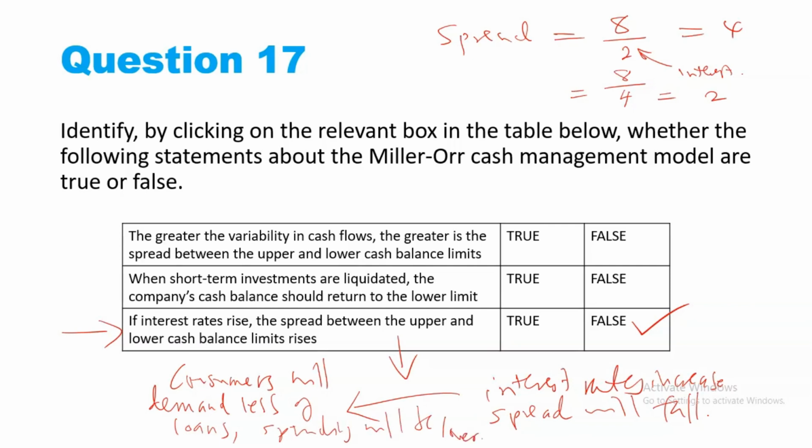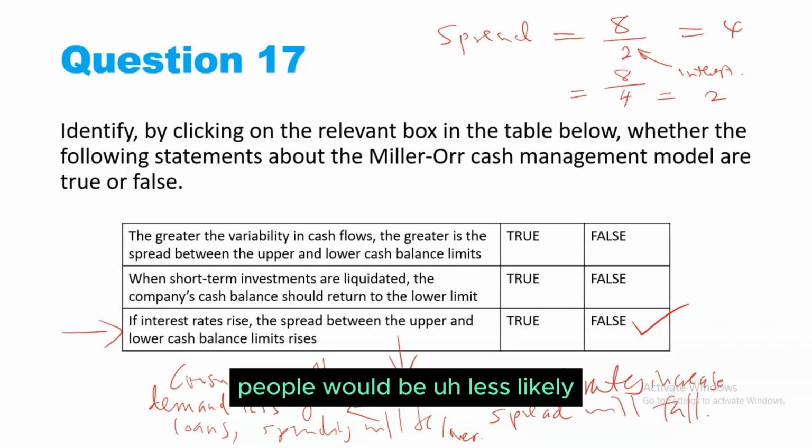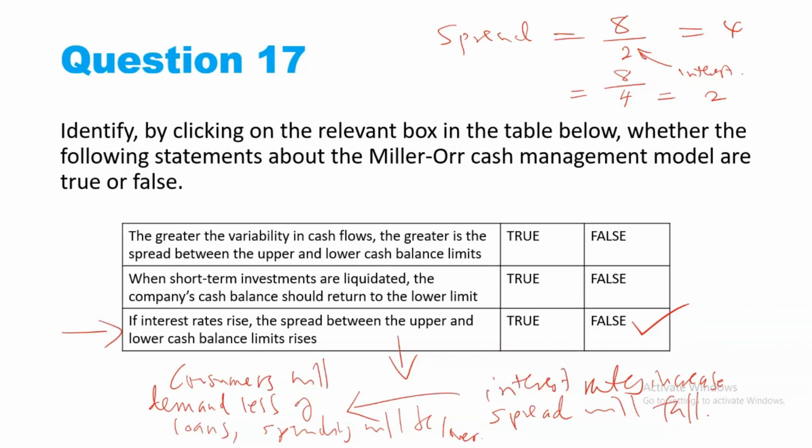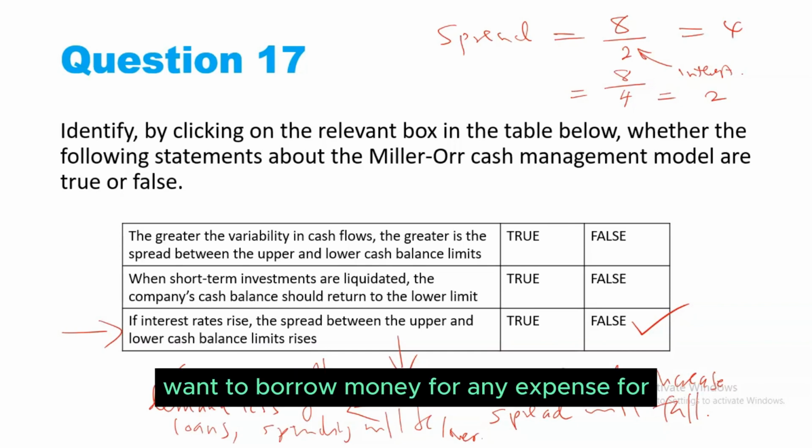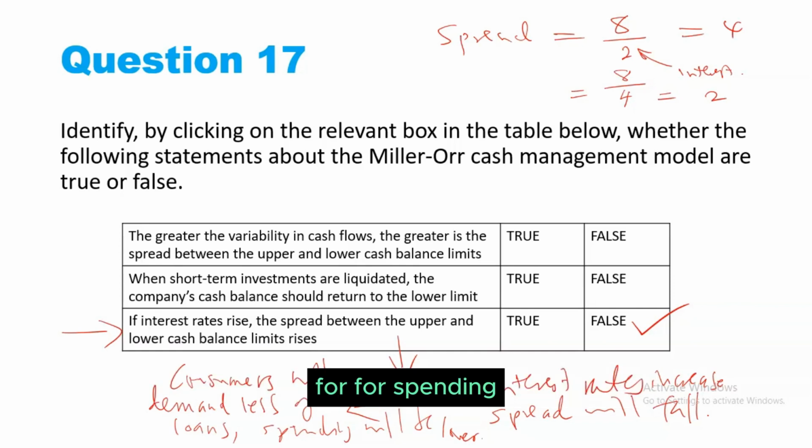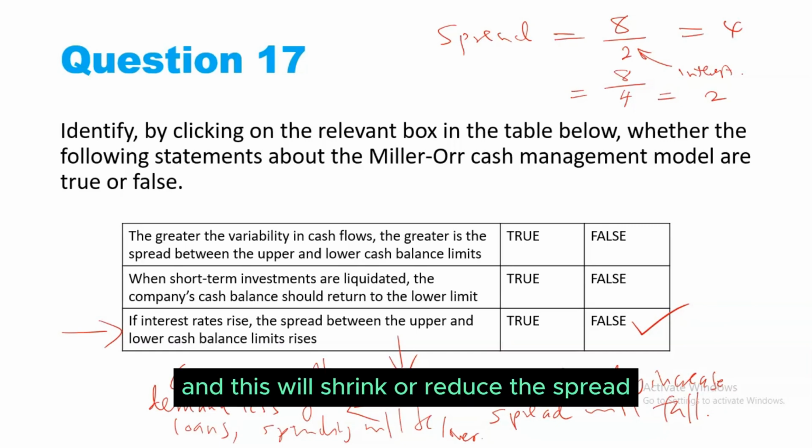In this case, people would be less likely to want to borrow money for any expense or spending. And this will shrink or reduce the spread, or the variability, of the cash spread.